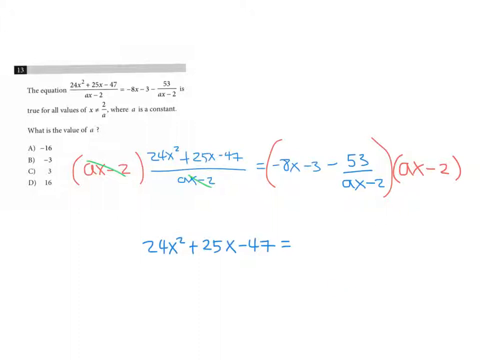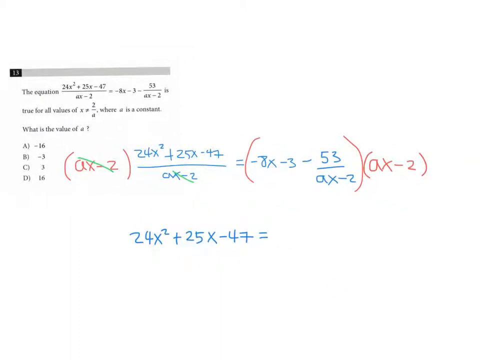Now, on this side, it is a little bit trickier where, in a way, you're distributing this ax minus 2 to this term, and you're distributing it to the 3 to be fair, and you're distributing it to the negative 8x to be fair.